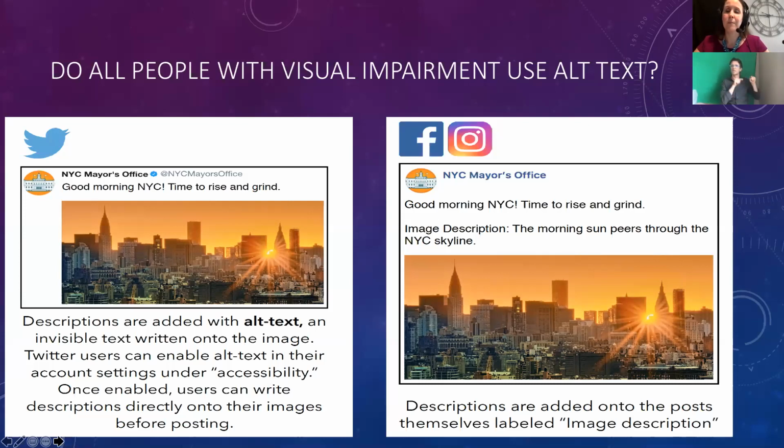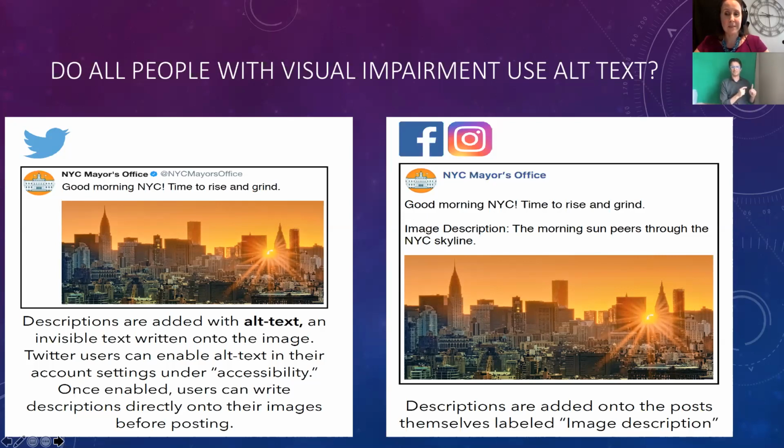So for example, perhaps I copy that Facebook image description and paste that exact same language into the edit photo feature for alt text. It's okay to do that, but just keep in mind that Facebook tends to limit alt text to 100 characters for describing an image. So again, that's the reason why I like to do the image description outside of alt text and put it within the Facebook and Instagram post.